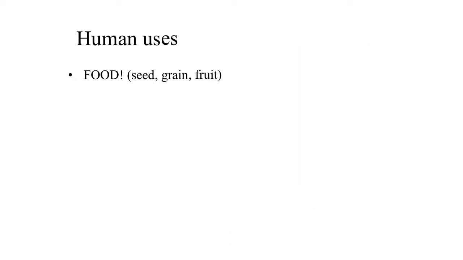Now, human uses of sexual reproduction of flowers: food. We eat food. There's so much food that we get from sexual reproduction of flowers, things like seeds, grain, fruit. And humans began to farm and have an agricultural system 10,000 years ago.